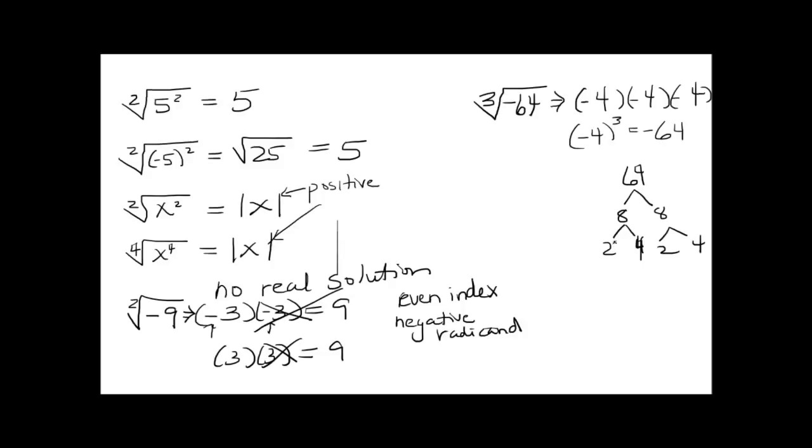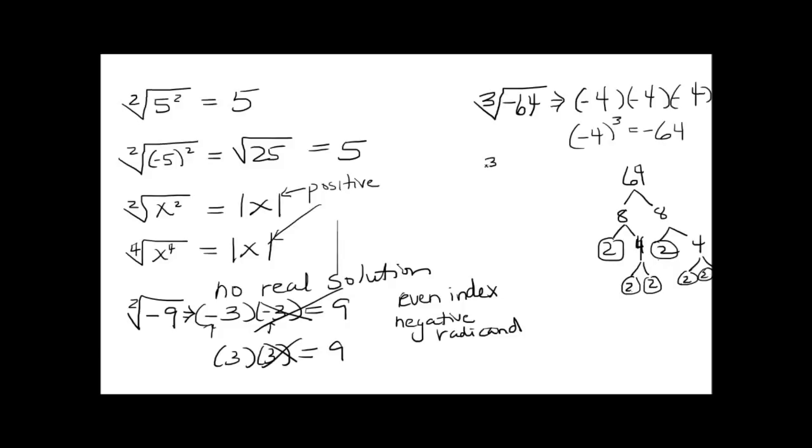The 2's are prime, but the 4's are not, so we'd have to keep going. So we'd have 2's and 2's, 2's, 2's. All together we have 1, 2, 3, 4, 5, 6 factors of 2.